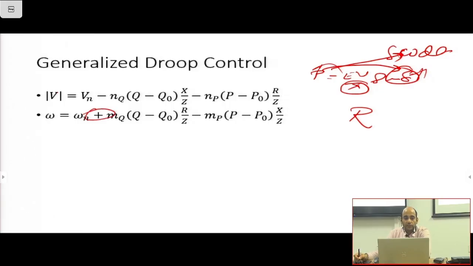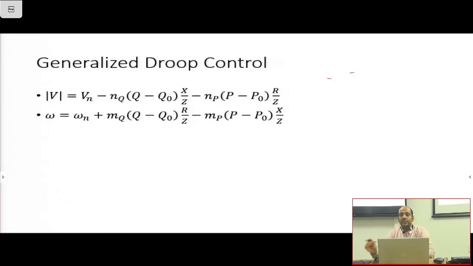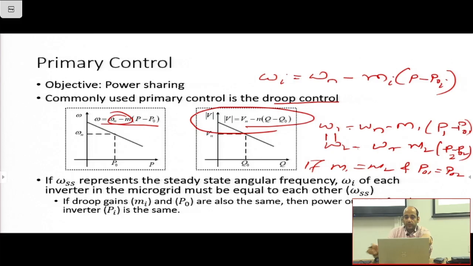Alright, so this is the effect of droop, by intentionally changing the frequency. I am not going into the generalized one, I am talking about a simple droop like this one. By intentionally changing the frequency, we are making the inverters share equal power. Why?